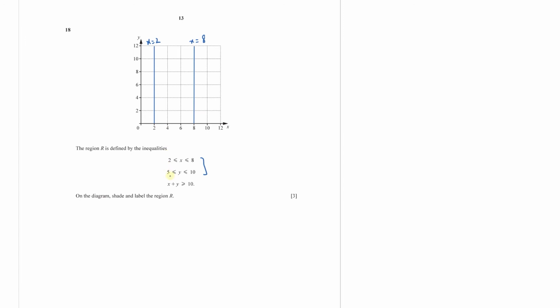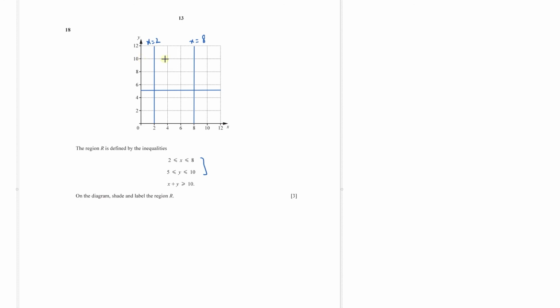And the other boundaries are y is greater than or equal to 5 and y is less than or equal to 10. So let me draw these lines as well. So y equals 5 would be here in the middle between 4 and 6. No, let me try that again. So this will be y equals 5 and the other line is y equals 10. So let me draw that.